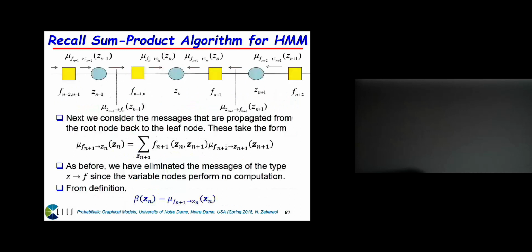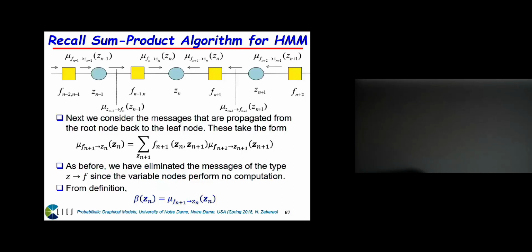Okay, so these are the forward messages, and I also want to show you the same schematic for the backward messages, from the root node H to the left. The message passing is basically identical to the forward case, but it goes backward.